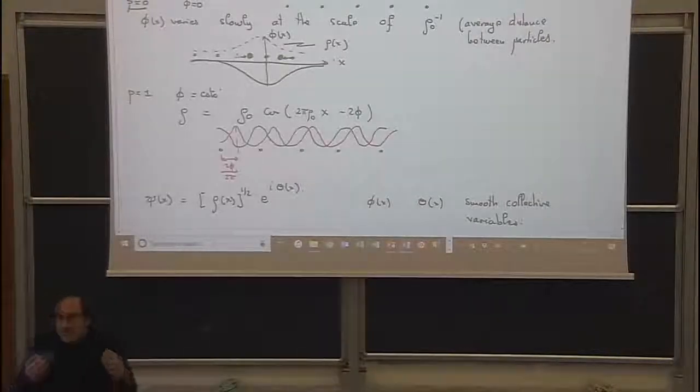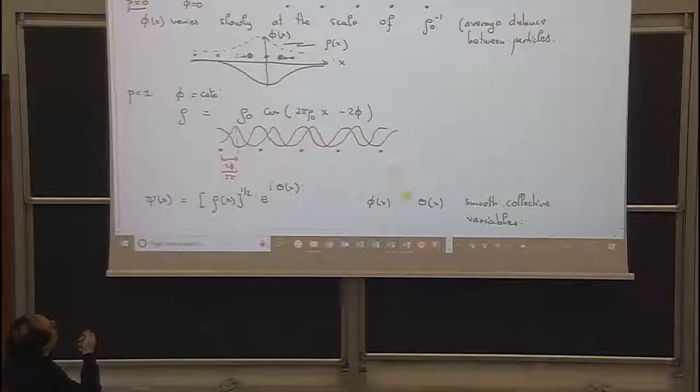Then it means my density is perfectly ordered, or at least has acquired an average value, which is given by the expression above. Okay? So if I had a crystalline or near crystalline phase, it means phi would acquire an average value. Constant is just one special case, and phi equal constant means I have a perfect crystal of bosons.